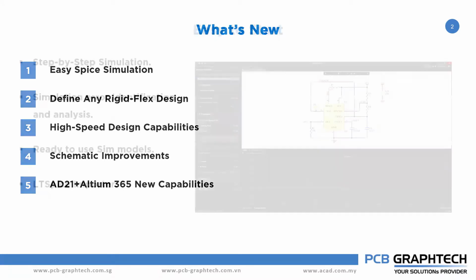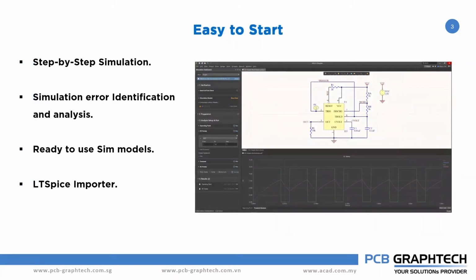So first we will go for the SPICE simulation, which has great improvements in Altium Designer 21. Here we have introduced the simulation dashboard, and it is very easy to understand and learn because it follows a step-by-step process.